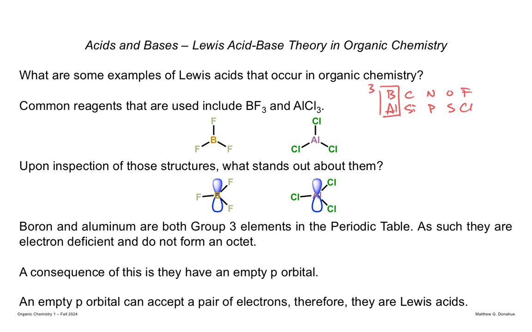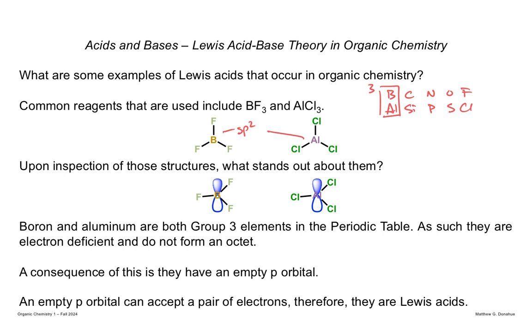And we would say both of those elements are sp2 hybridized. And then they have this empty p orbital. And so that p orbital makes them Lewis acidic because a Lewis acid is an electron pair acceptor.